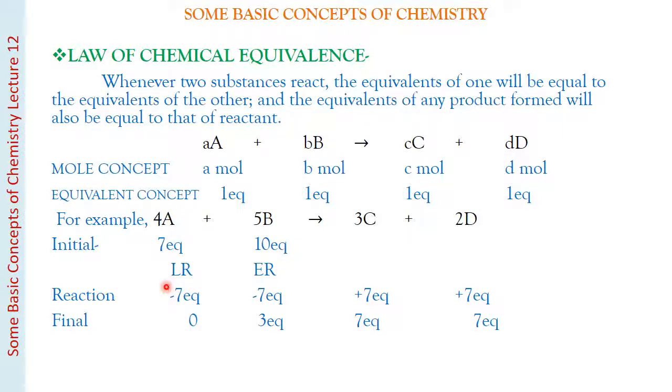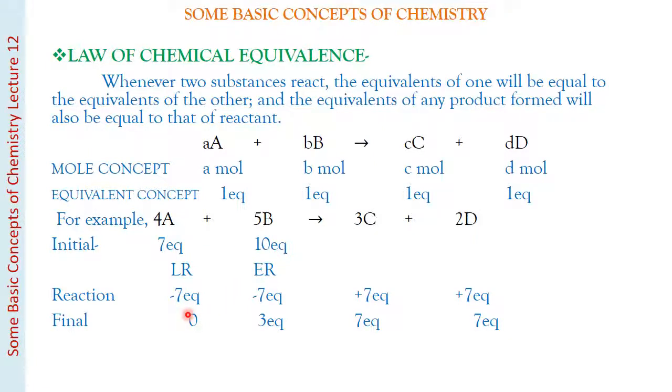You simply can see that 7 is less than 10. So the number of equivalents of A is less than the number of equivalents of B. So the limiting reactant is what? This is A. And when we react A and B, the 7 equivalents of A are going to react with 7 equivalents of B.